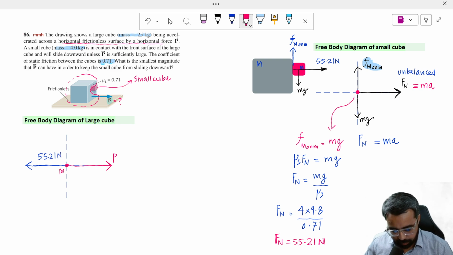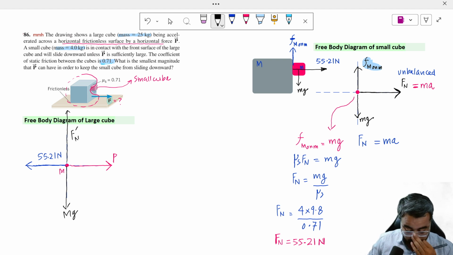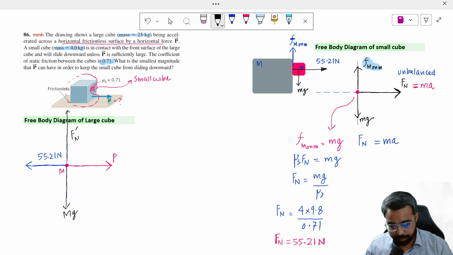And what are the other forces? Let's quickly write the weight, mg, and this is the normal force applied by the ground on this. This normal force, this contact force, is different from this contact force.